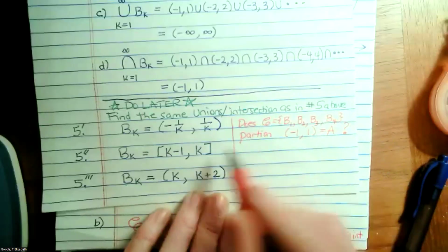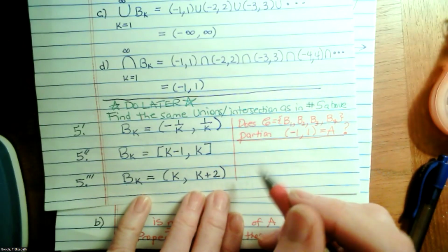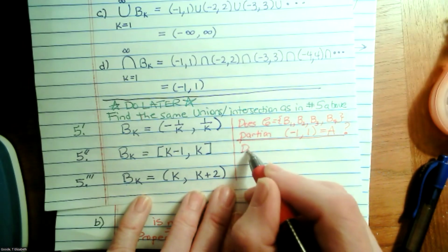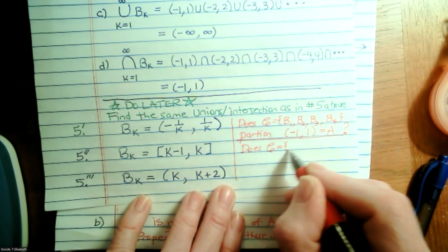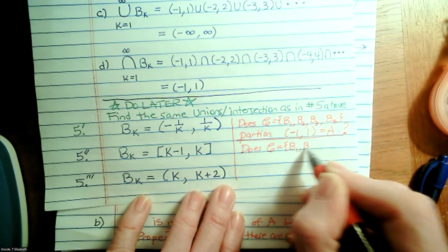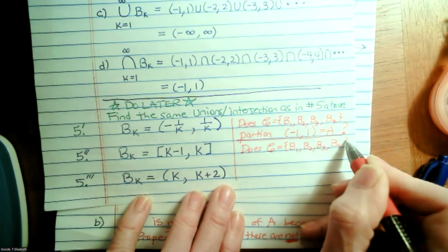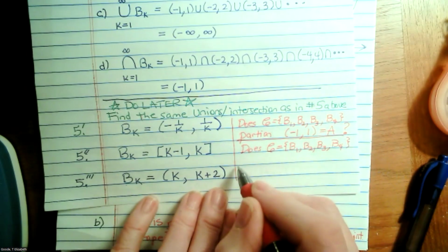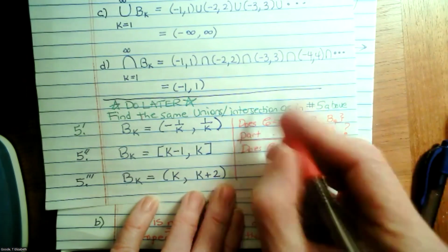And then for the second one, does the collection, which is going to be the same sets, because you're looking closely at those first four. I figure if you see the first four, you understand what's going on.